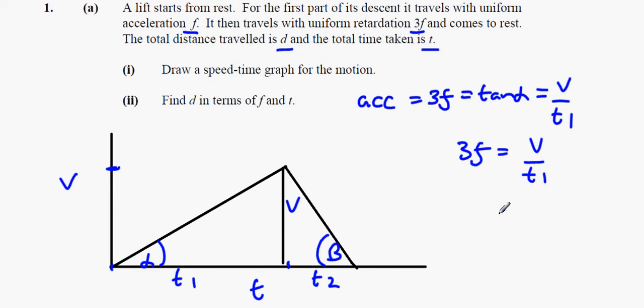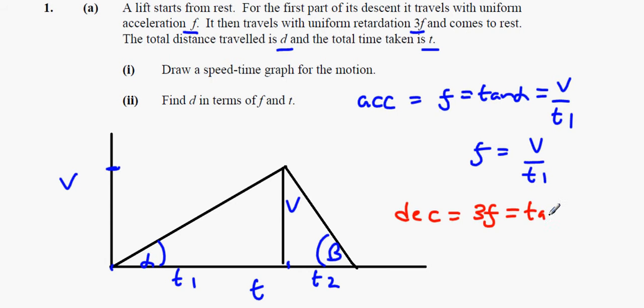Now we can do the same thing for the deceleration. Sorry, the acceleration was f, excuse me, not 3f. The deceleration is 3f, which is equal to tan beta.